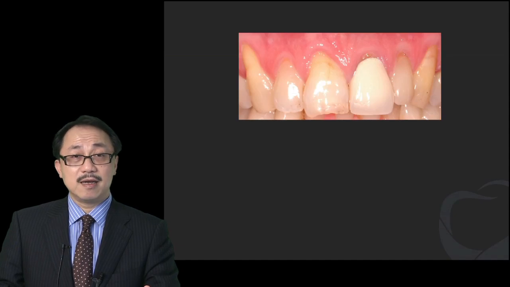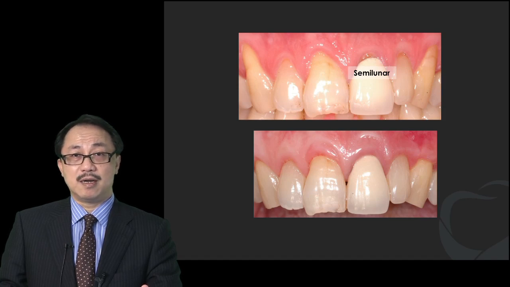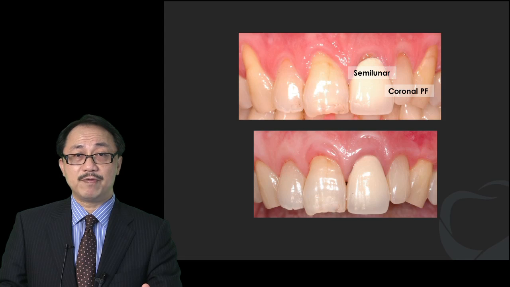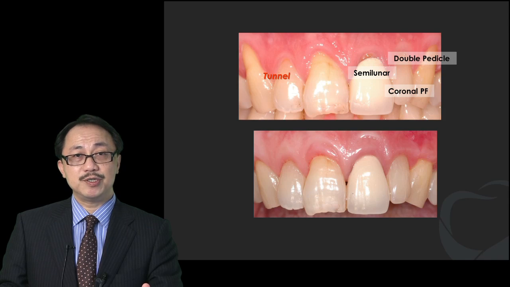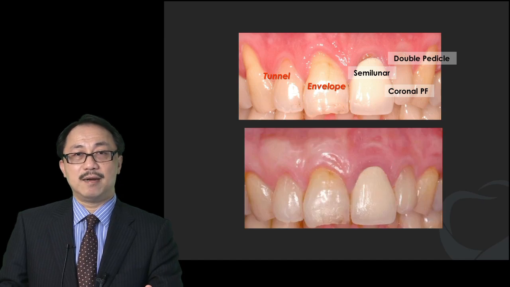In these 6 maxillary anteriors, we performed 5 different procedures to achieve root coverage. First of all, number 9 with semilunar, number 10 with coronally positioned flap with 2 verticals, number 11 with double papilla, 6 and 7 with tunnel procedures, number 8 with envelope procedure. And that was achieved 3 years later.